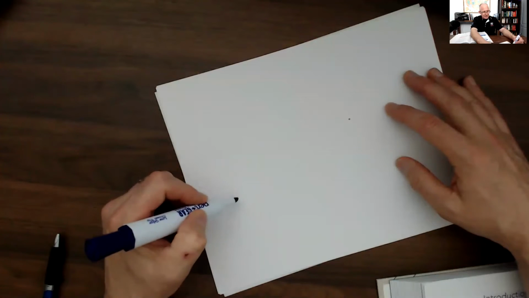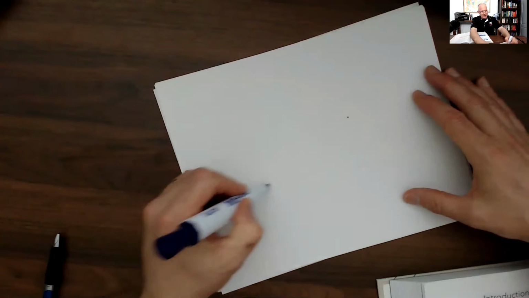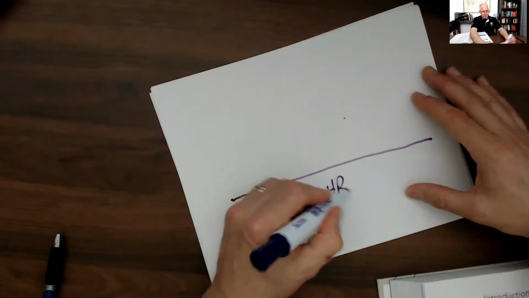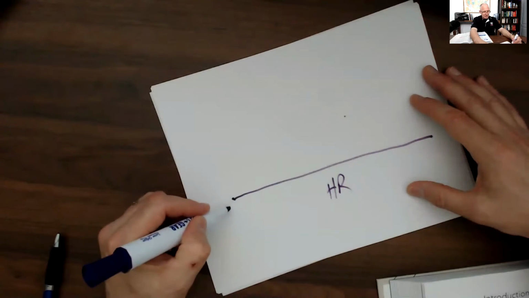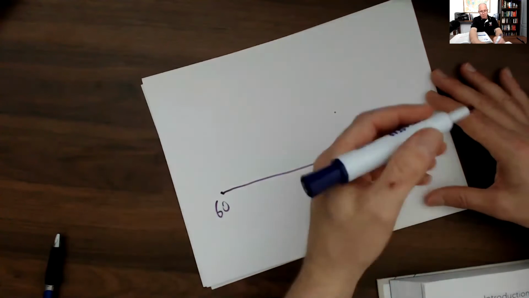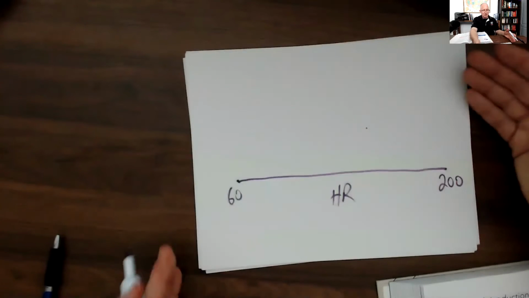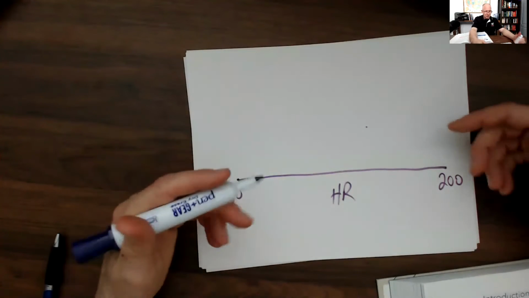So the idea is that, remember, we have a continuum of heart rate. So this is your heart rate, right? At rest, it might be 60 beats per minute. Your max might be 200 beats per minute, right? So that's the heart rate, right? So this is your predicted max heart rate.